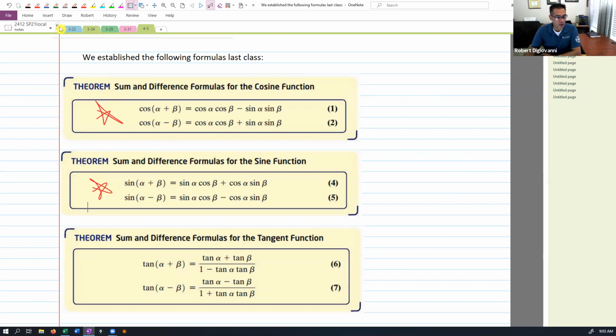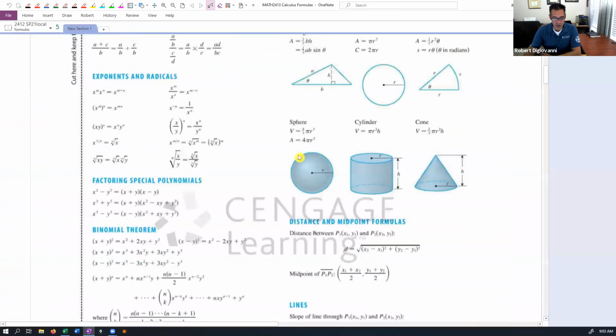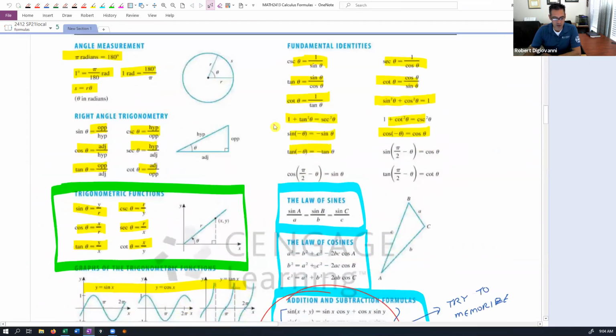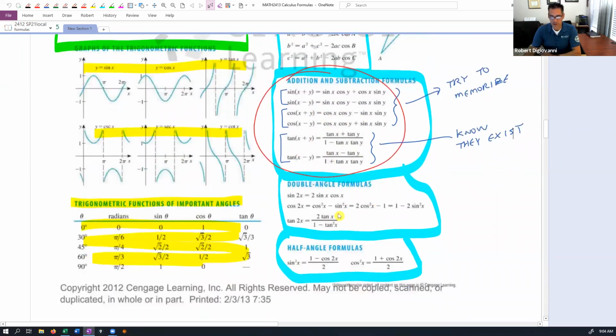And remember that all of these formulas are on this formula sheet, okay? They are on the second reference page. So last class we covered this right here. And so today we're covering these two. This is going to be this one and this one. All right, the double angle and half angle formulas.